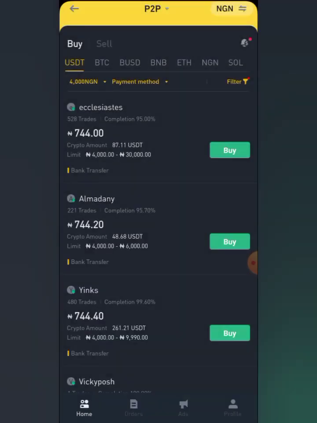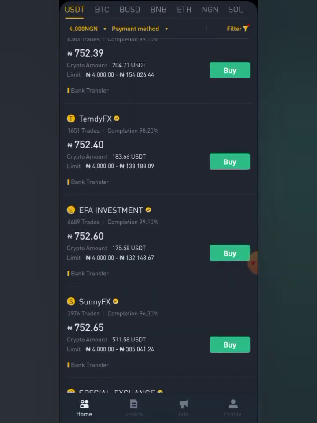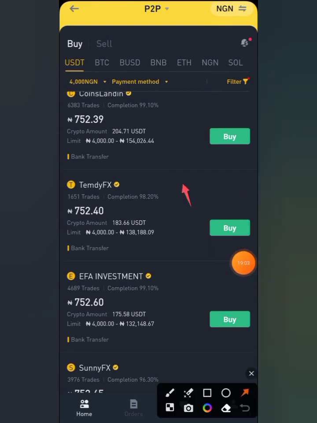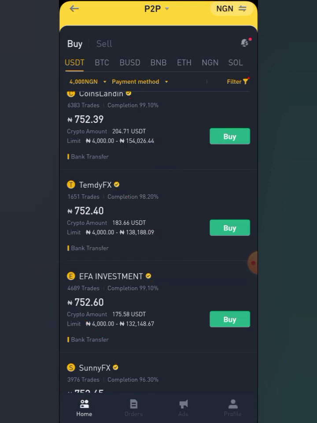Now let me go to filter again and click on verify, and then you will see that a lot of persons here are verified merchants, and you can see their verification tick here. These ones that are verified merchants are, to an extent, well trusted, reliable, and genuine, meaning that you can cross your leg and buy from this particular merchant.